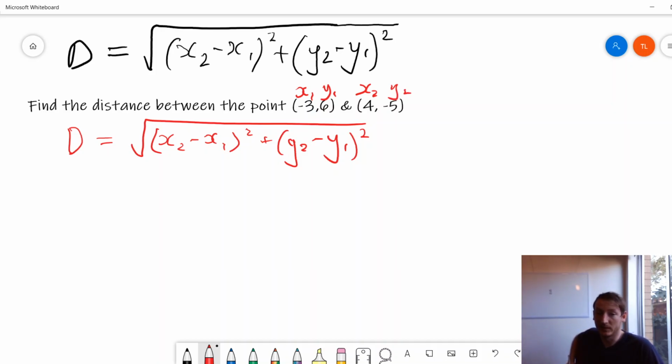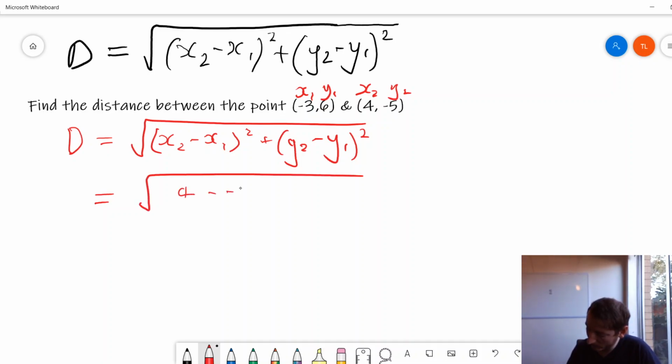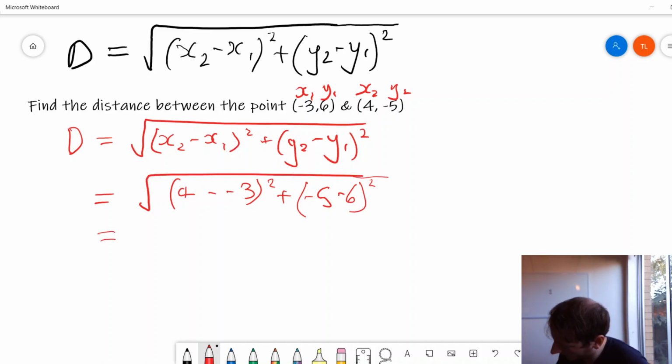From there, it's pretty easy. We're just substituting 4 numbers into the calculator. So x2 is 4 minus -3 all squared, plus y2 minus y1, so -5 minus 6 all squared, which gives us the square root of 49 plus 121, so 170.